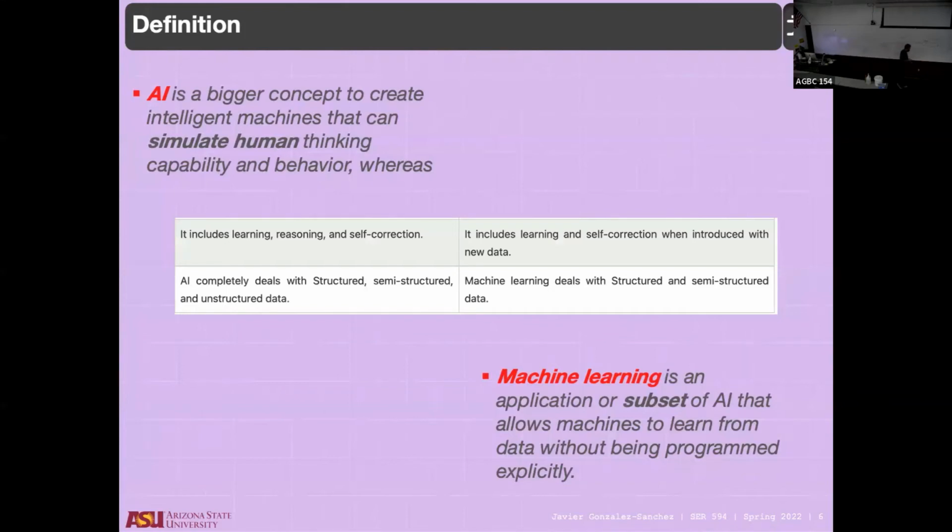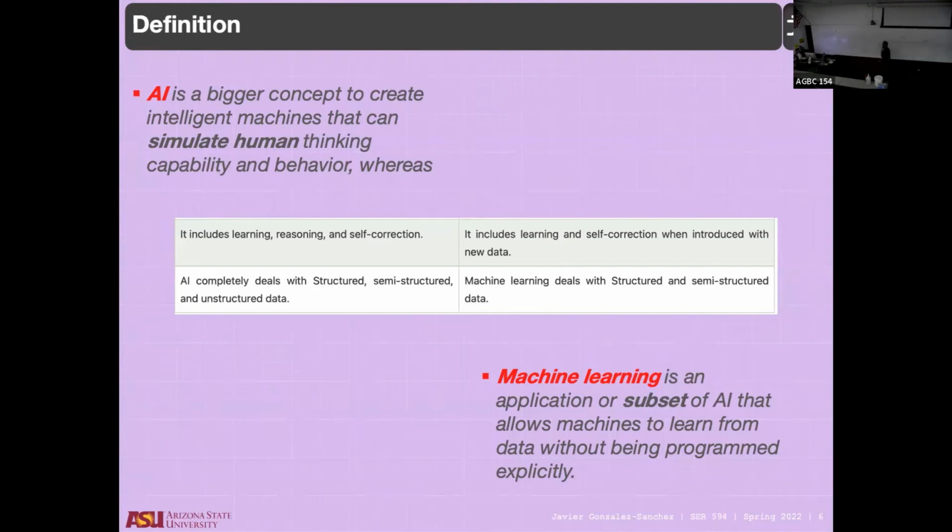Can you agree with me on the following things? I am going to go deep into this model in a few slides, but just to stop with the concept. Machine learning, artificial intelligence. My first column here, artificial intelligence. My second column here, features of machine learning. Can you agree on what is there?